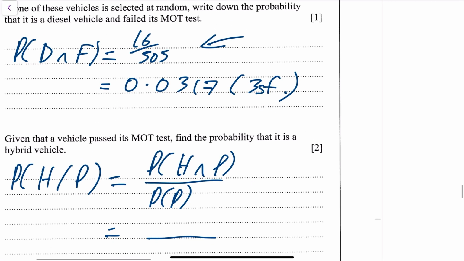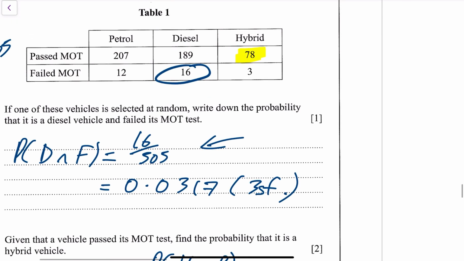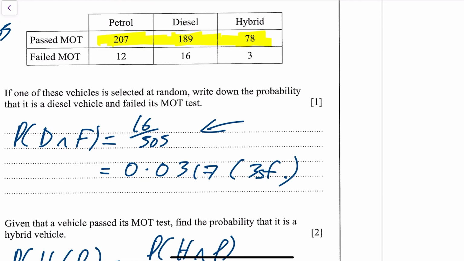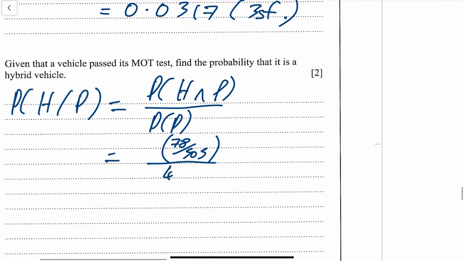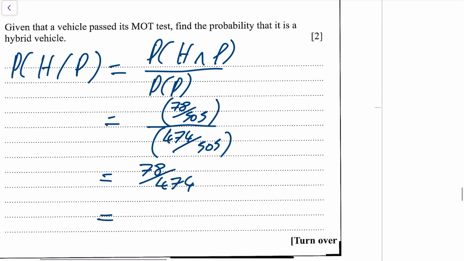Let me just write that in my top line. 78 over 505, and then passed are going to be all of those in yellow there, all 3. So that's, let me just check that, 207 plus 189 plus 78, which is, yep, 474 over 505, and then that just works out to be 78 over 474, which works out to be 13 over 79, or 0.165 to 3 sig figs.